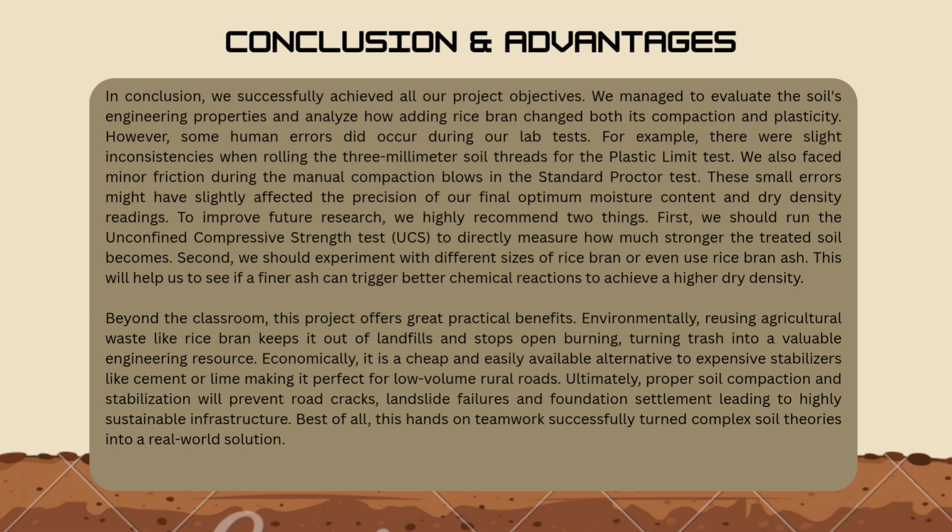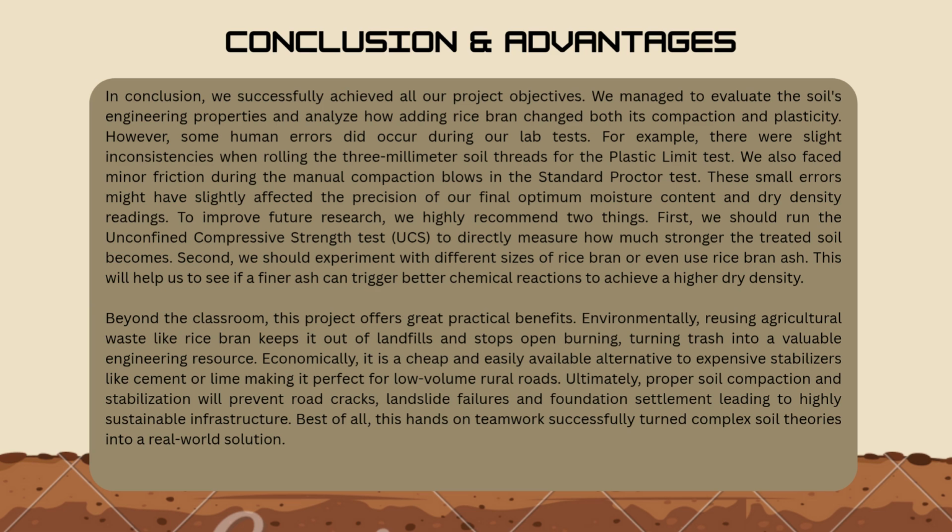To improve future research, we highly recommend two things. First, we should run the unconfined compressive strength test (UCS) to directly measure how much stronger the treated soil becomes. Second, we should experiment with different sizes of rice bran, or even use rice bran ash.